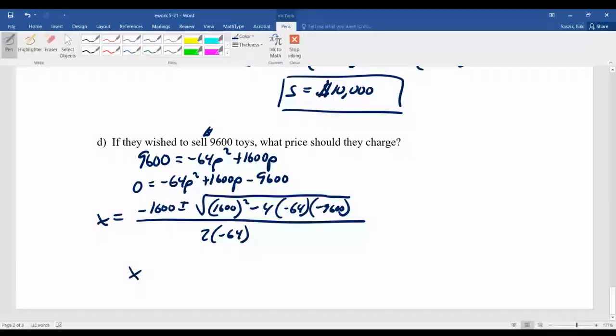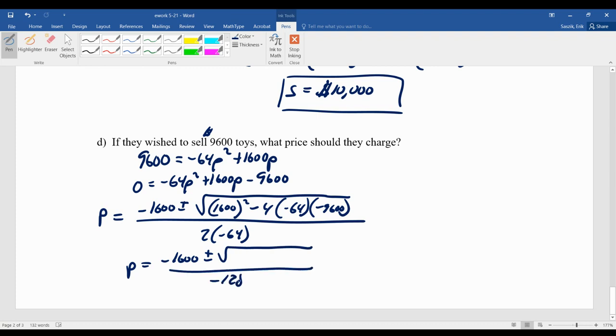Now I really shouldn't write x here. We're really solving for p. So p is going to be what? This is negative 1,600 plus or minus the square root, over negative 128. This number inside here is 102,400.